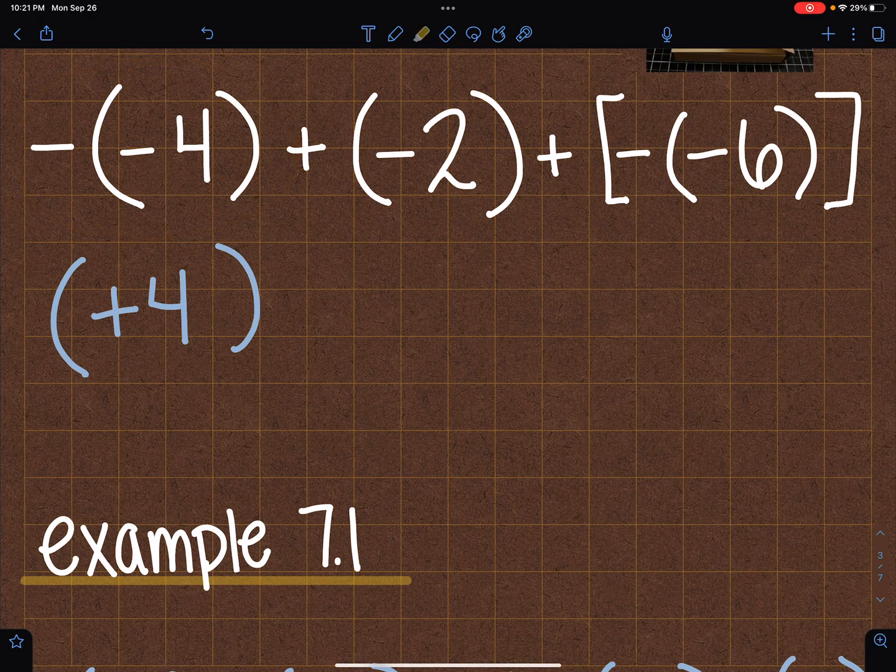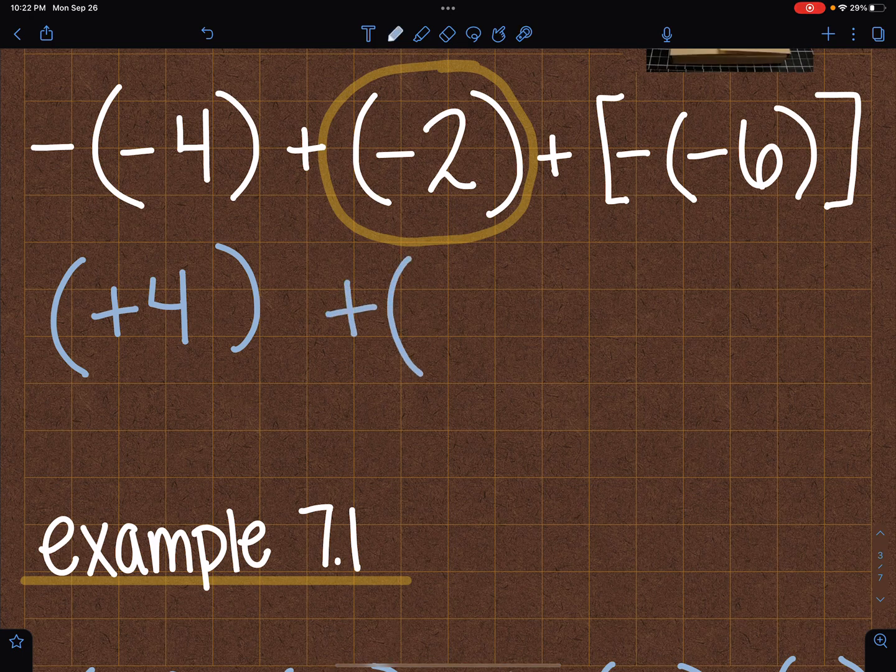Okay, so now all I'm doing is looking at this. Can we simplify that any further? Okay, one thing they want you to think about is if there's no negative sign out here in front of the parentheses, you're basically adding a positive. That's another way to show the expression.